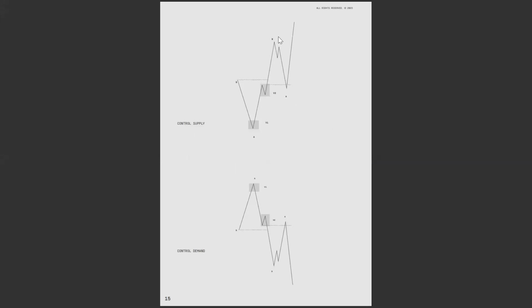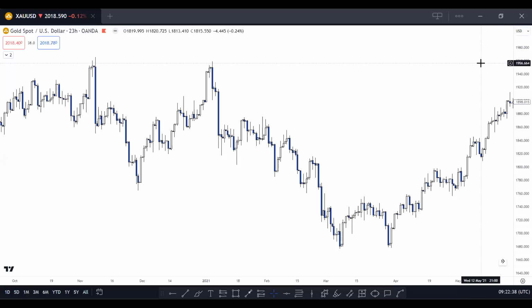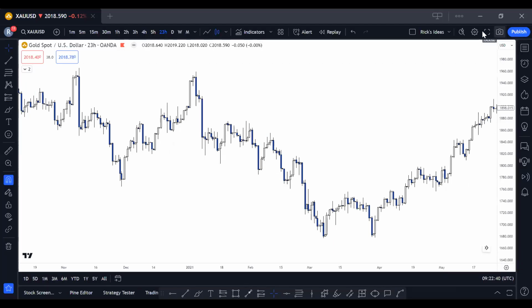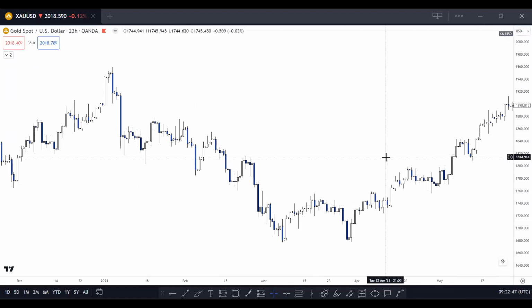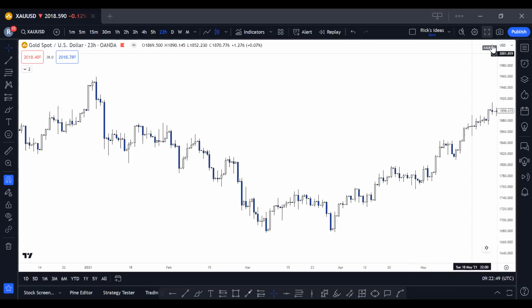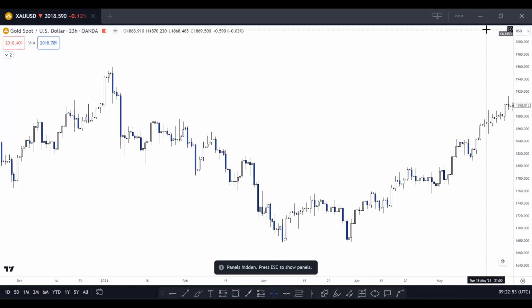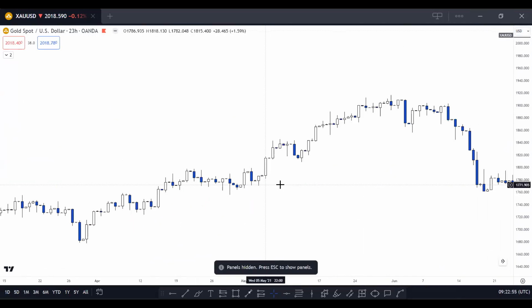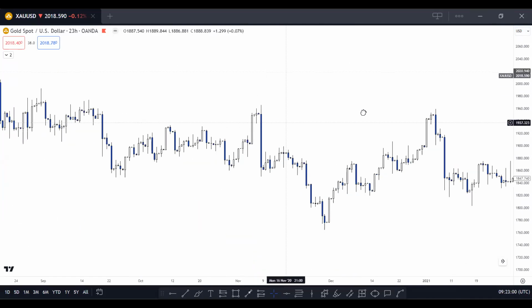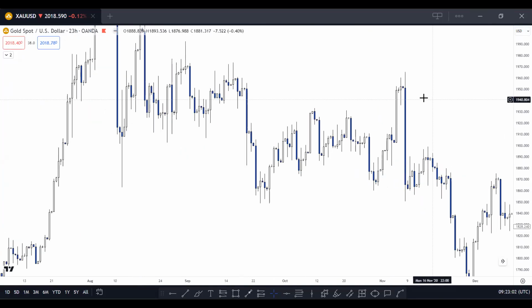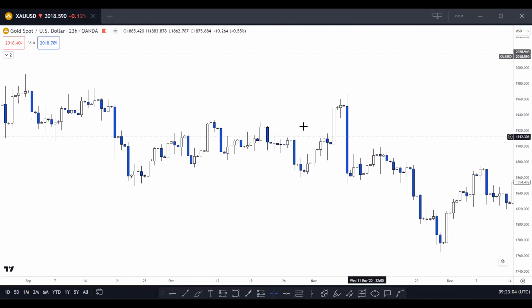I think this is the time when we go into the charts. Okay, so I'm going to start off with the very first example.